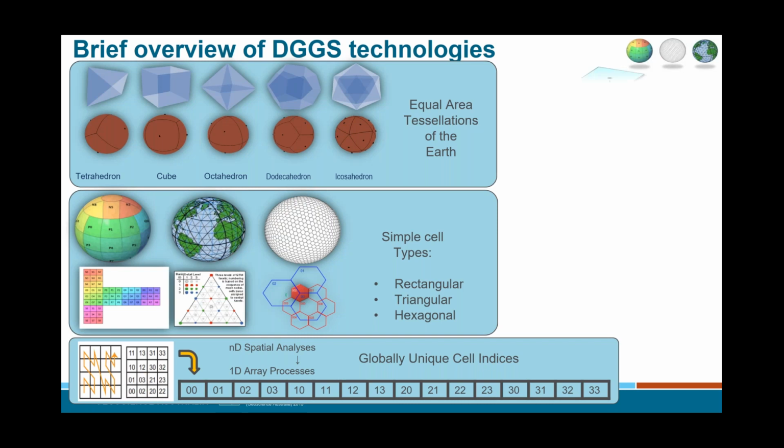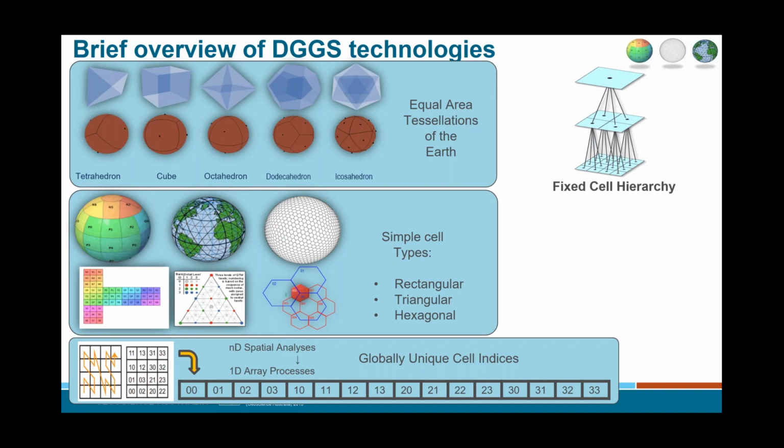So like I said before, a DGGS is not a global grid. It is a system of global grids which are connected by a fixed cell hierarchy. And that is a fundamental element of it. That allows you also to store data at multiple levels. You can have multiple levels for the same data set.